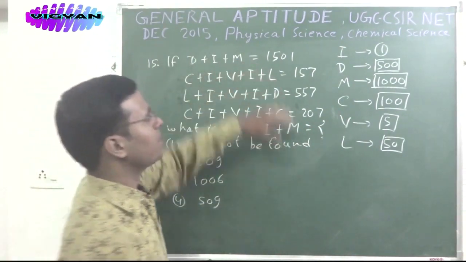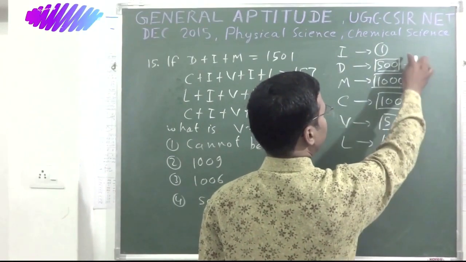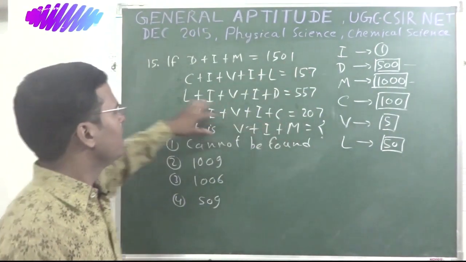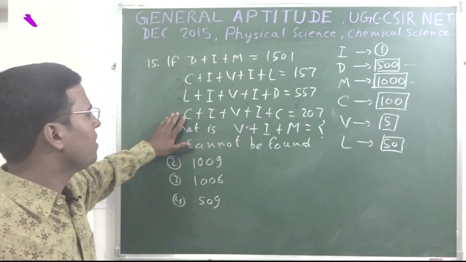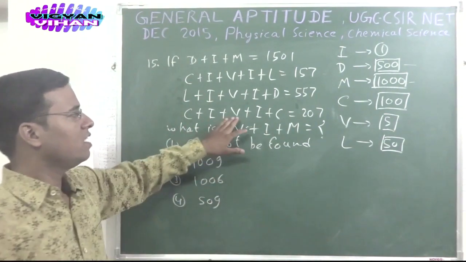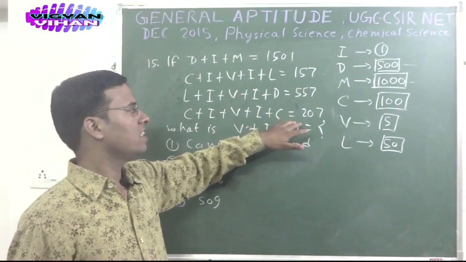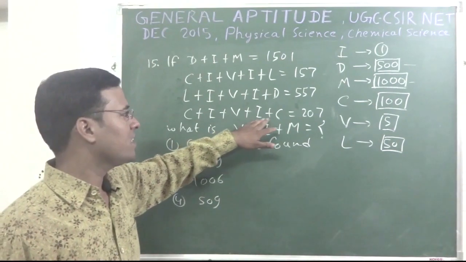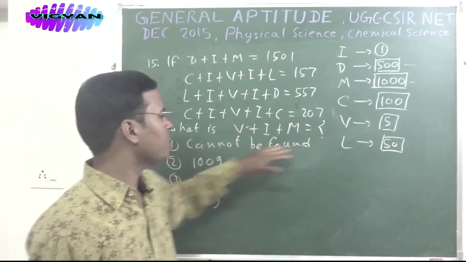D plus I plus M means D 500 plus 1, that is 501, plus M, the same value, 1501. Put the values in other equations like this. Here C is 100 plus 1, that is 101, plus 6, so 107, plus C, that is also plus 100, that is 207.